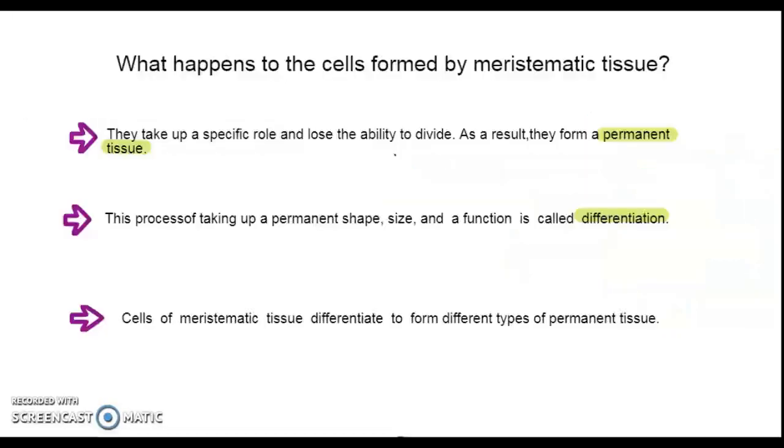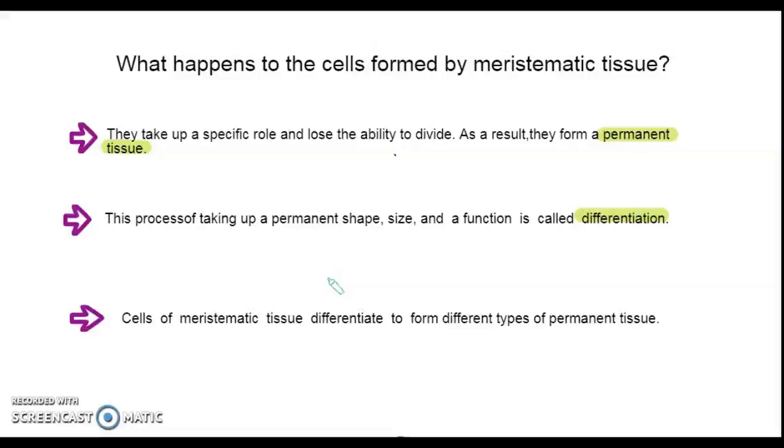So, what happens to that? They form into a permanent tissue. So, when a meristematic tissue loses its ability to divide, they form permanent tissue. This process where a meristematic tissue converts itself or attains a permanent shape, size and function is called differentiation.